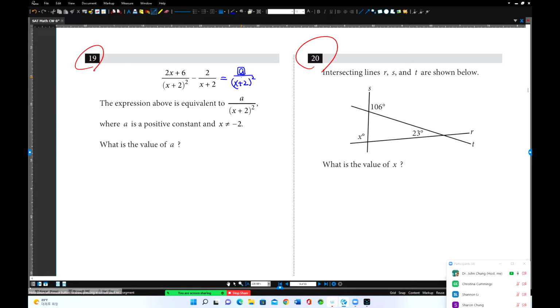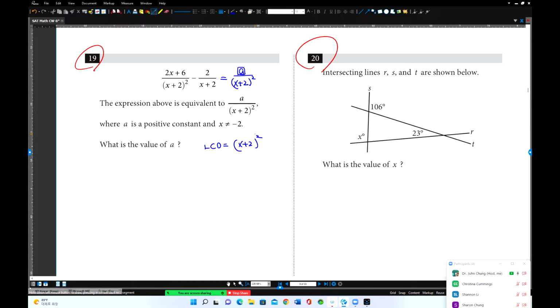What are these numbers? So we have different denominators. The first one is x plus 2 squared, the second is x plus 2, and the last one is x plus 2 squared. You're gonna make x plus 2 squared. Okay, now let's make a common denominator x plus 2 squared, right? LCD equals x plus 2 squared, isn't it?